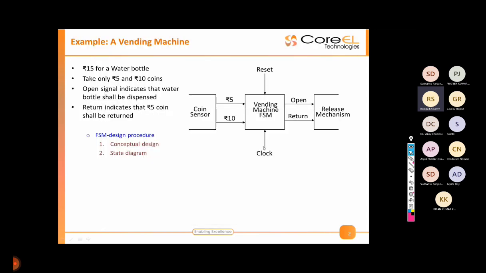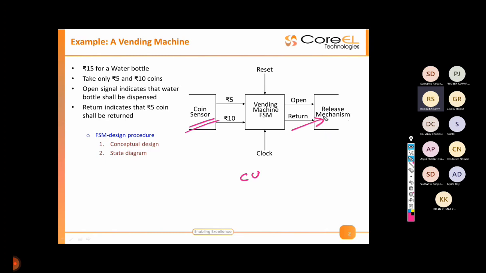The requirement is to design a vending machine. What is the scenario of this vending machine? Our concern is to design the control unit. This control unit is going to take input from a coin sensor, and it's going to control the mechanical unit of some release mechanism.